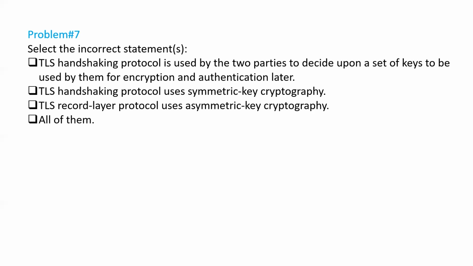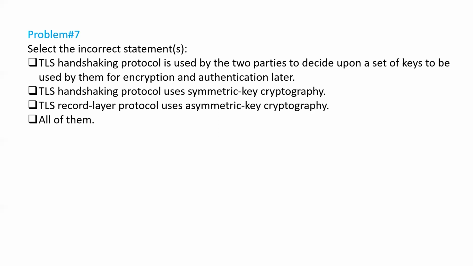KEM being a public key primitive, the handshaking protocol actually belongs to public key primitives, where two parties exchange keys among themselves, and then in the record layer protocol, both of them run symmetric key cryptography only.